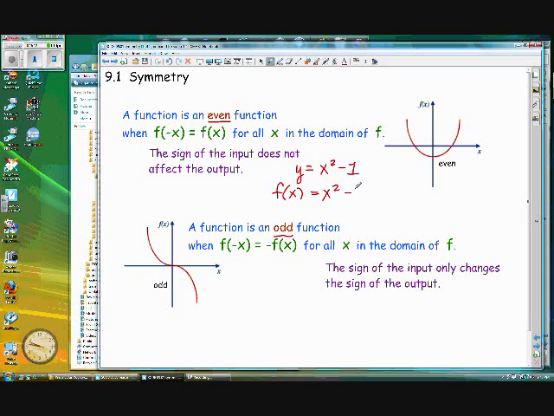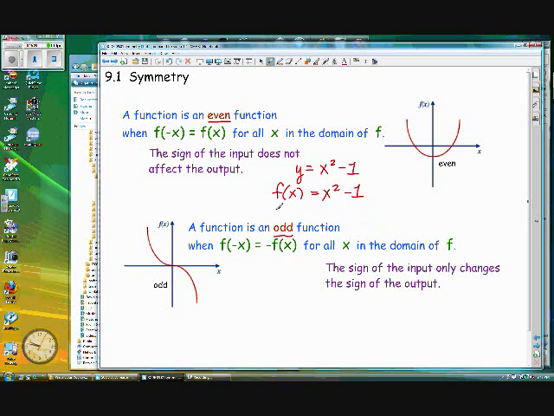So instead of writing y, I'm writing function f with an input of x. Now up here, I had equation y with an input of x. Functional notation just has me write this y differently.